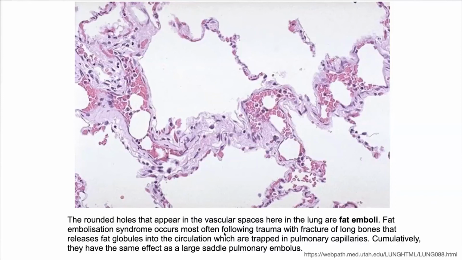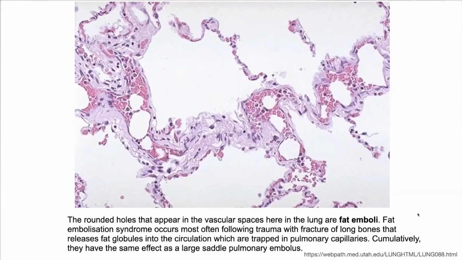I hope you can see it with this red cursor. It changed color by itself. This is fat. This is a fat embolus, which usually occurs in patients who had trauma to the legs.